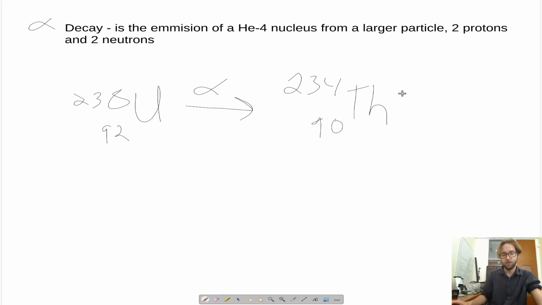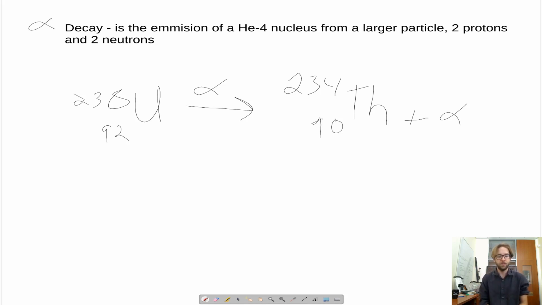So you lose 2 protons, and you also lose 2 neutrons, so you have a difference in atomic number of 4. And when this happens, of course, you also get the alpha particle itself, or the helium-4 nucleus. This is very common in nuclides above lead, where basically you have the neutrons and protons to spare.